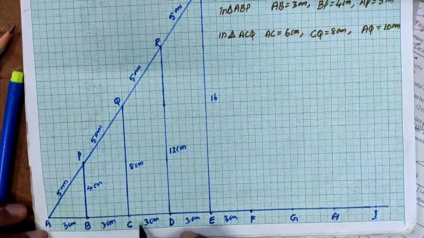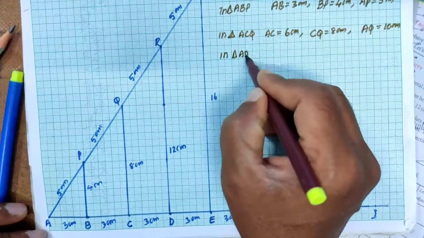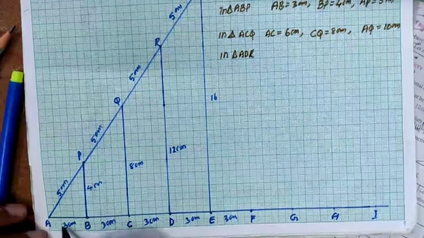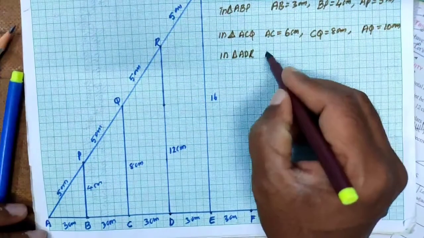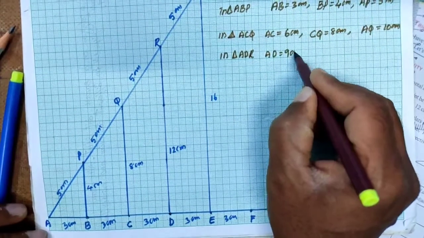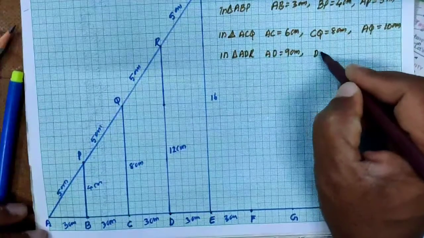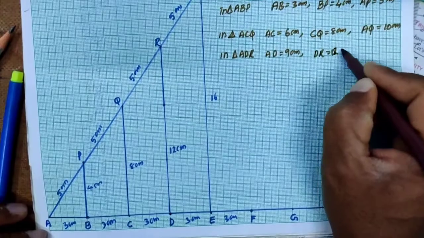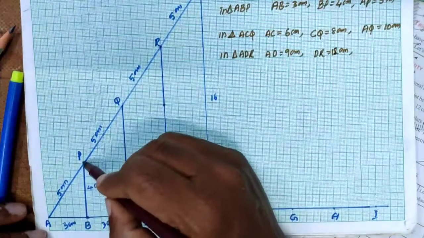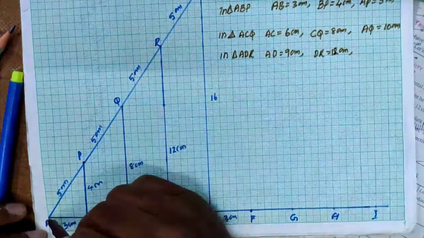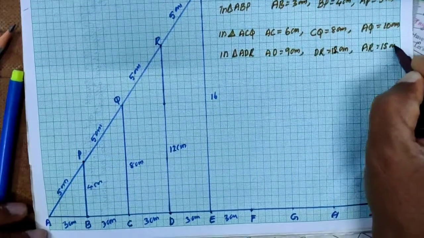In triangle ADR, AD is 3, 3, 3, so 9 centimeters, and DR is 12 centimeters, and AR, from here to here 5, 10, 15, is 15 centimeters.